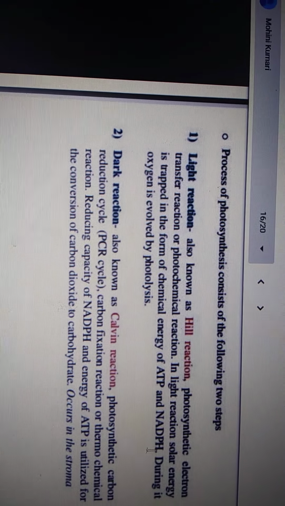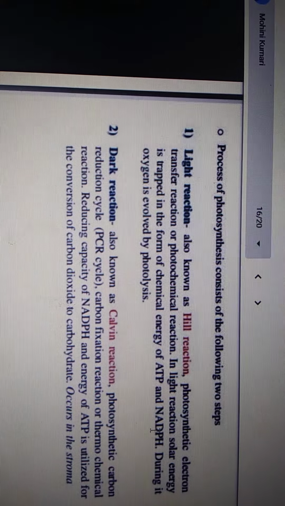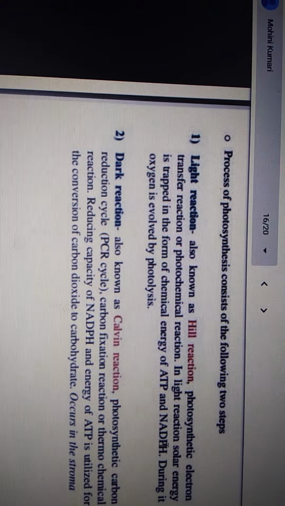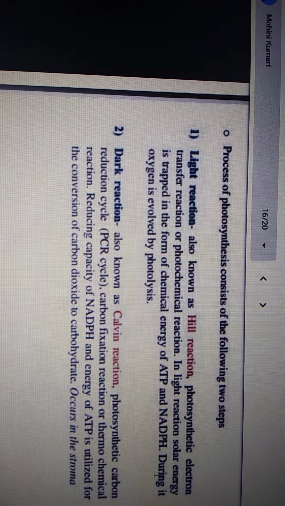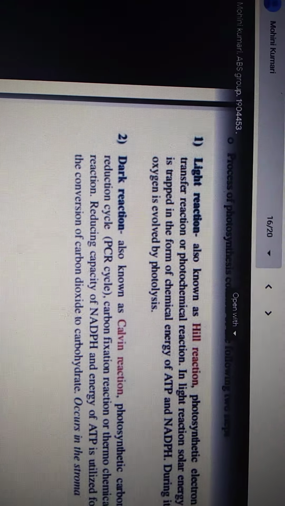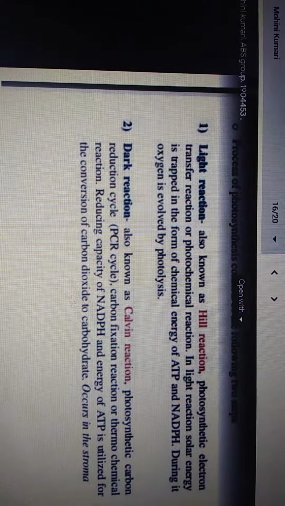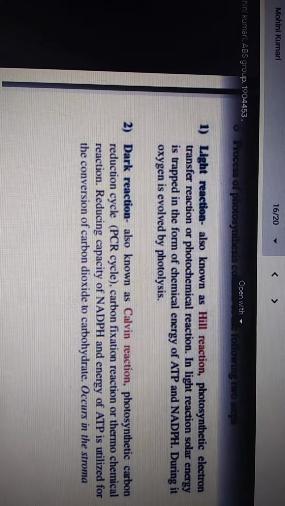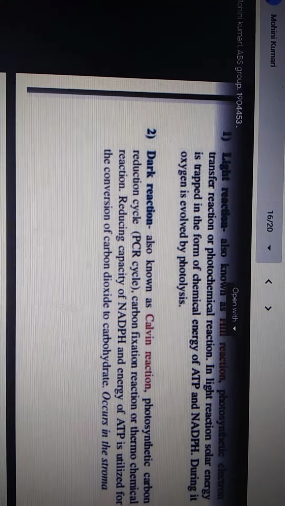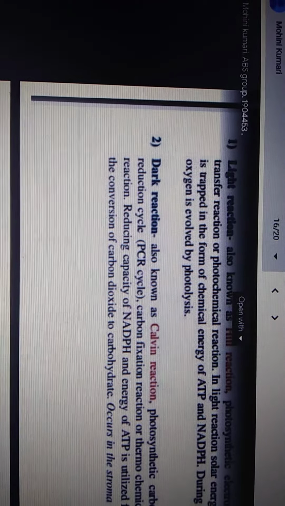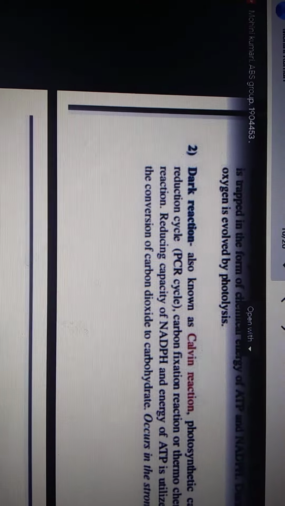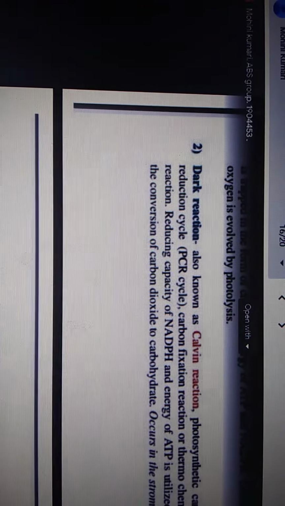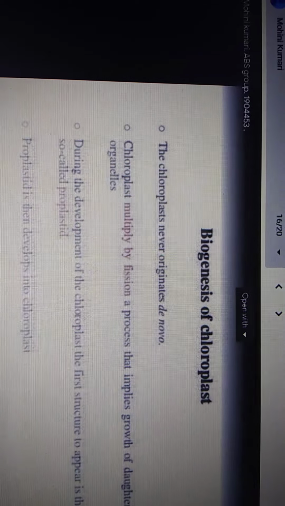If H is written, it means reduced, and if there is no H, then it is NADP plus, meaning oxidized. So the light reaction produces the reduced NADPH and ATP, and the dark reaction fixes the CO2 utilizing these energy molecules.